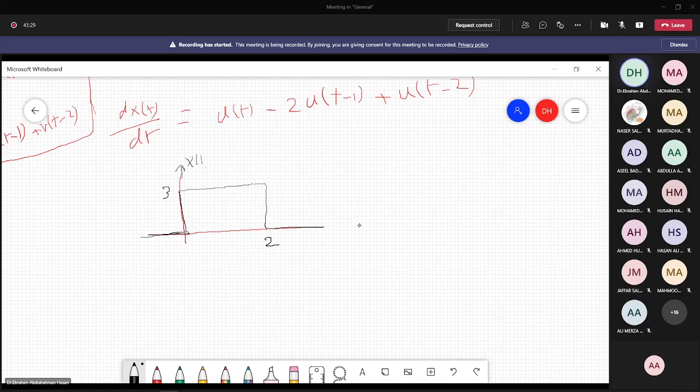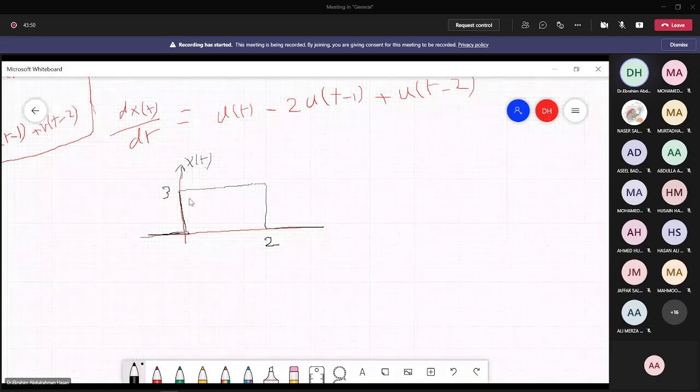Okay, suppose I have this signal and I want to decompose it into elementary signals. Again, here it is clear that there is a change in the value, from 0 to 3.